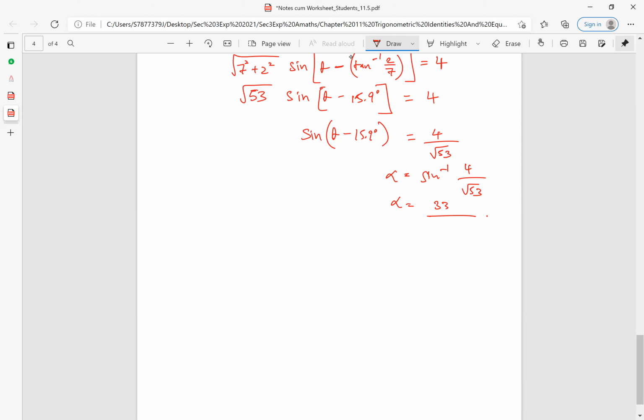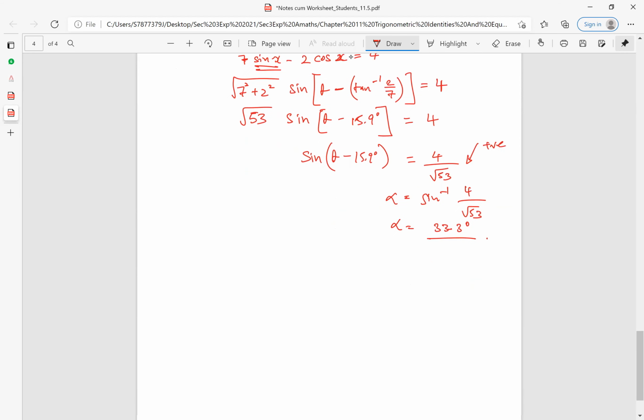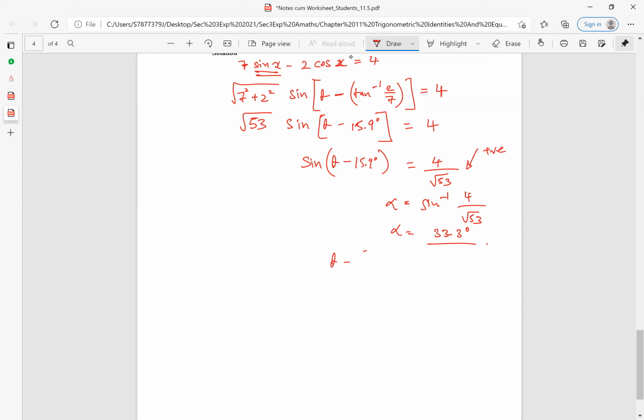33.3. Okay. So since this is positive, it must be in the first and second quadrant. So you get theta minus 15.9 equal to 33.3, then 180 minus 33.3. Okay, so what is the theta value?